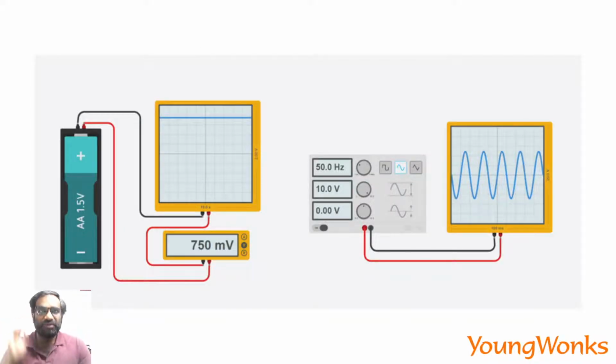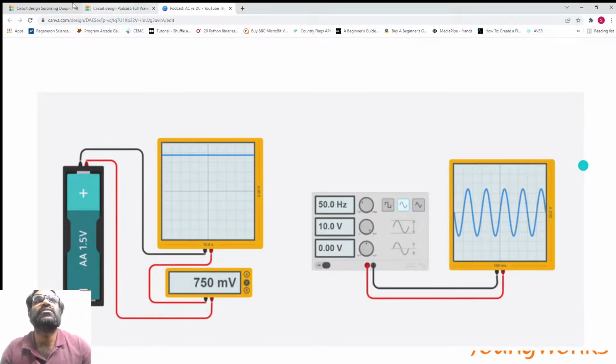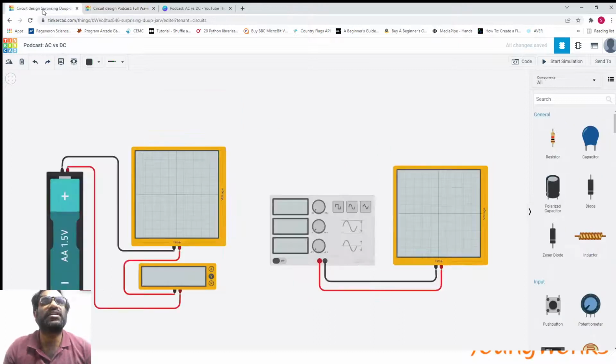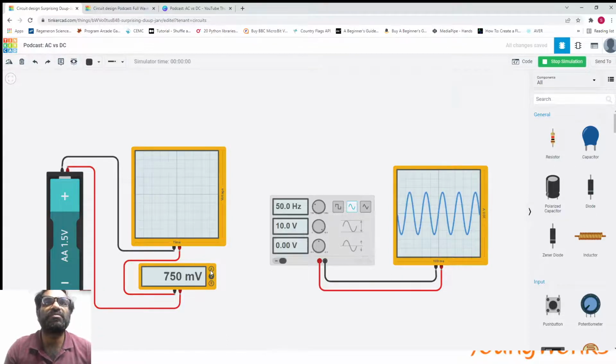Now, if we look at the graphs, on the left we have a battery connected to an oscilloscope and a voltmeter. This should be in the ammeter mode.